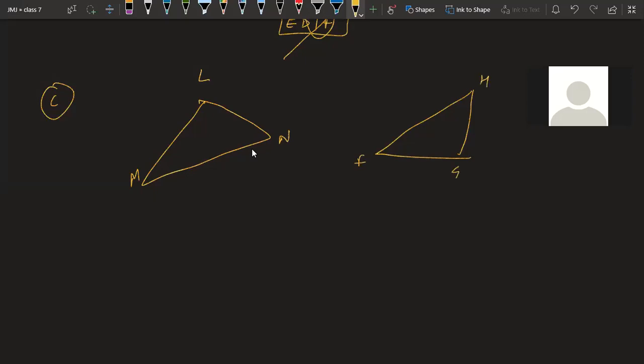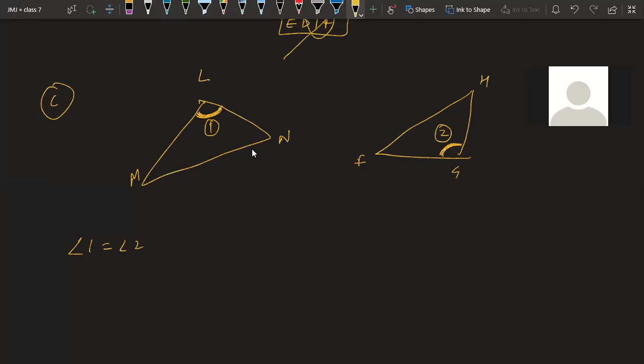Now, what is given to us? Angle MLN equal to FGH. Angle MLN, it is this angle. Let me call it angle 1. And second is angle FGH, this angle. Let me call it angle 2. So given to us is angle 1 equal to angle 2.